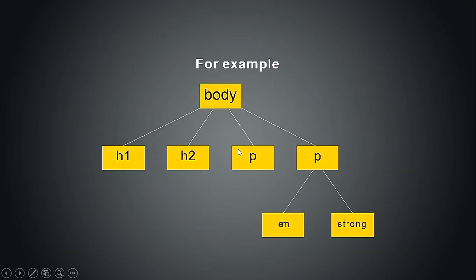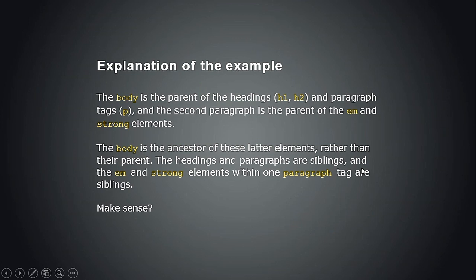Here's an example for the nesting structure. We can see that the body tag is here, and inside the body tag we have one H1, which means the first heading, and H2, which is the second heading, and two paragraph tags. And even inside the last paragraph tag there are two different tags, EM and strong. Now let's understand this.